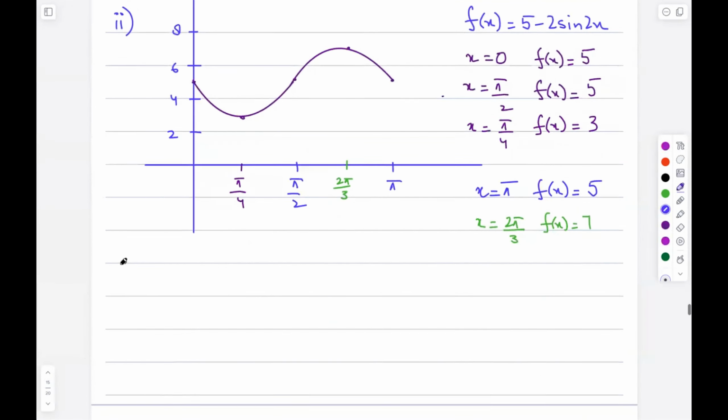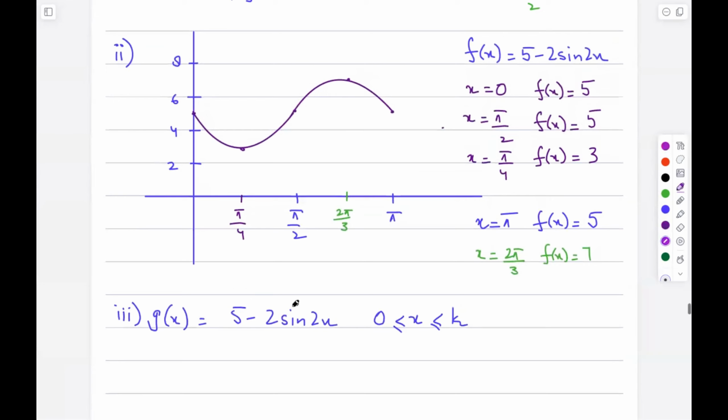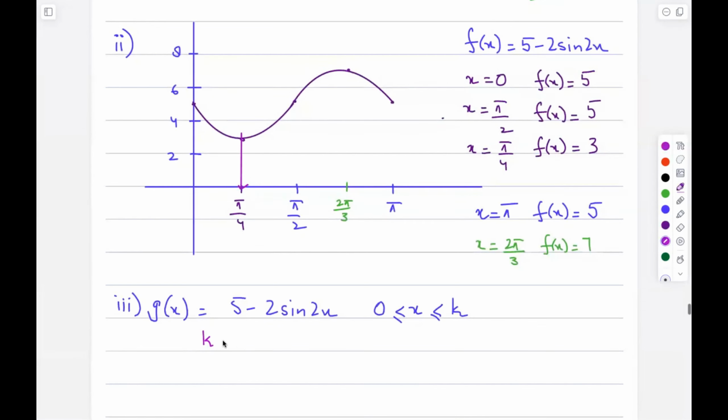For the function g to have an inverse, it must be a one-to-one function. So as x is starting from 0, the maximum value till where the function is one-to-one is pi upon 4. So we can say that the value of k will be equal to pi upon 4.